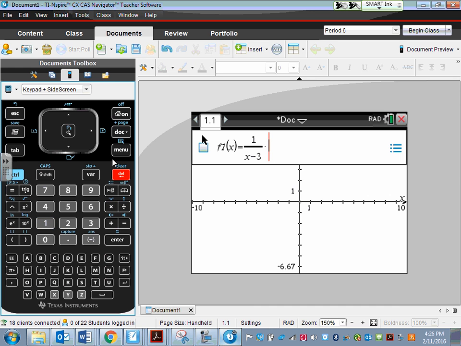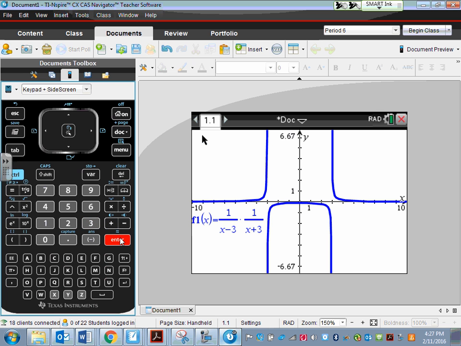Oops, I'll make it a fraction. Be extra careful when you're typing fractions into your calculator. You have to make sure everything you want in the denominator is actually in the denominator. Your calculator can't read your mind. If you put 1 divided by x and then just plus 3 after that, that plus 3 will not end up in the denominator.